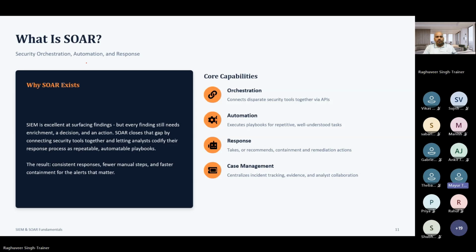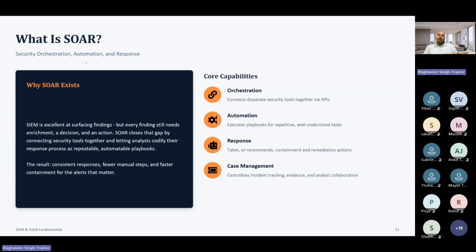And do these solutions like network devices and firewalls by default push the logs, or does the SIEM solution pull the logs from them? It differs from solution to solution. As I said, some solutions use pull-based methods, some use push. How about CrowdStrike? CrowdStrike uses both methods, pull and push.